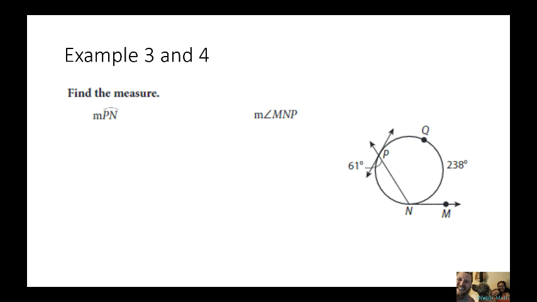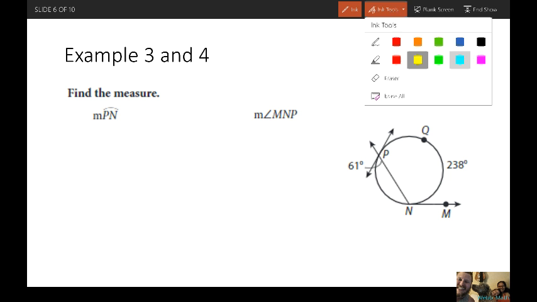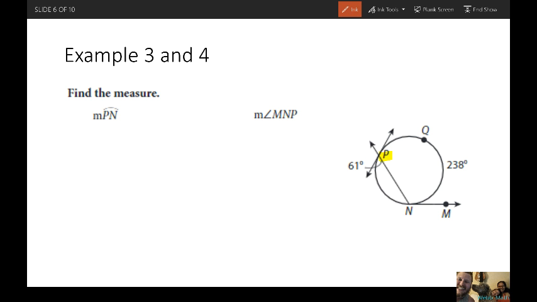Let's see some examples. So example 3, find the arc of PN. If you notice, basically for this, they give you the angle P, right? That's 61 degrees. So they did give us something to work with here. Now remember, the angle P, that was like our ABC type deal. All right, so there's our inside guy.